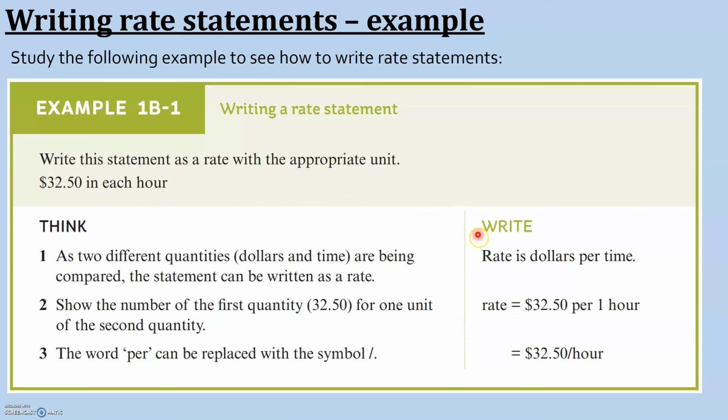Now, this is an amount of dollars in an amount of time. $32.50 in 1 hour, but we write that as $32.50 with this slash. It means per hour. Maybe just pause that slide for a moment and read that example in a bit more detail.